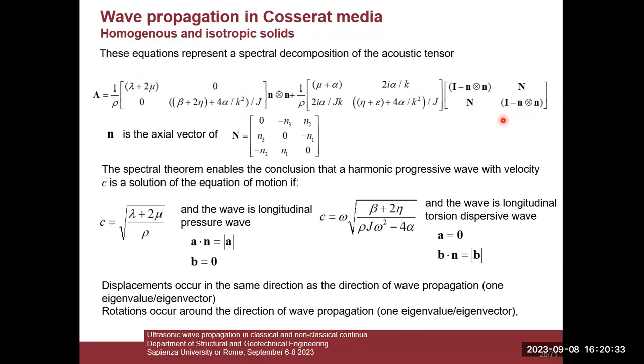You see that this part is the part of eigenvectors that span the normal to the wavefront, and this other part is orthogonal to the normal of the direction of propagation, a plane orthogonal to it.